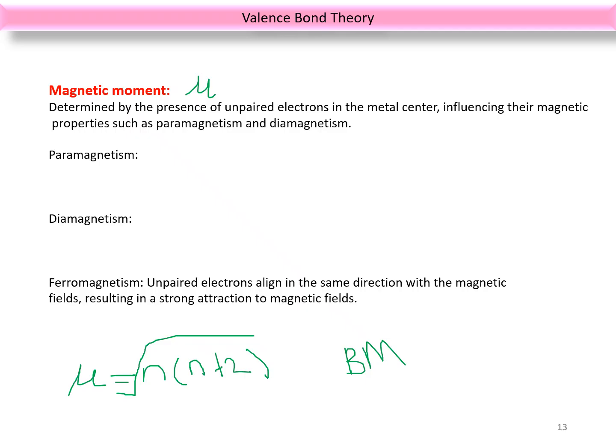So if you see a magnetic moment like 4.89 or 5.5, it means that the number of unpaired electrons in the d orbital is high. For copper 2 complex, which has only one unpaired electron in the d orbital, the magnetic moment is usually around 1.73 or 1.79.